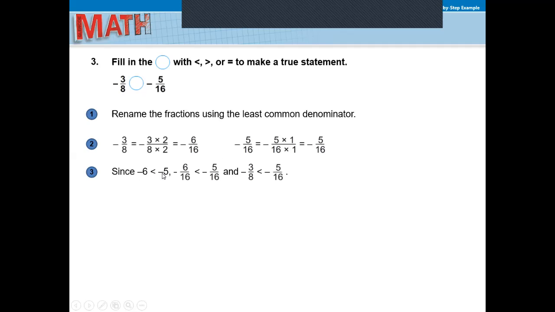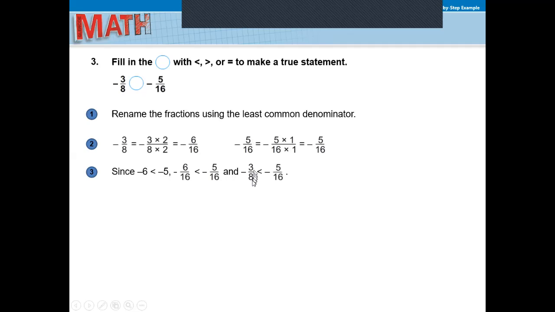-6 is less than -5. Now they're comparing the numerators because our denominators are identical. -6 compared to -5. -6 is less than -5. Therefore, -6/16 is less than -5/16.